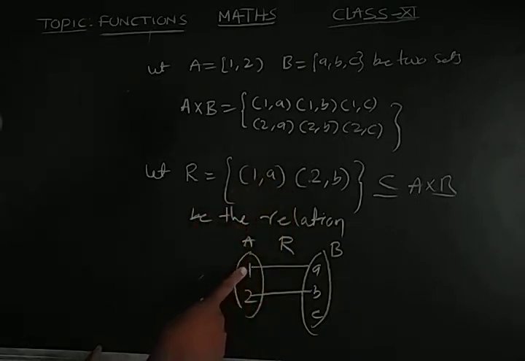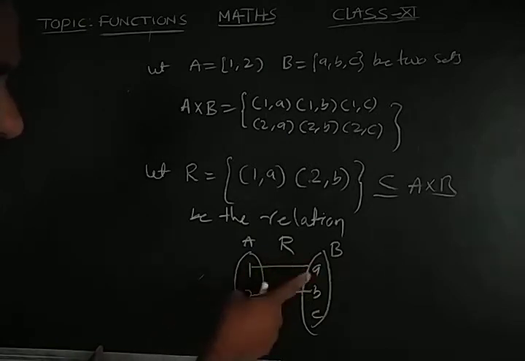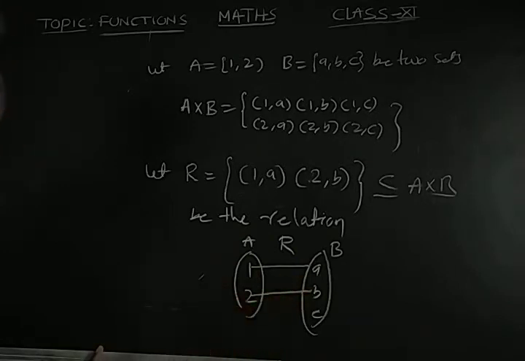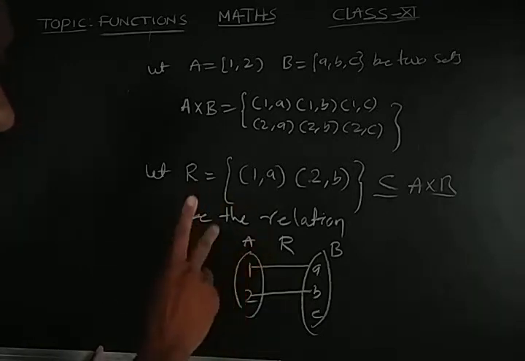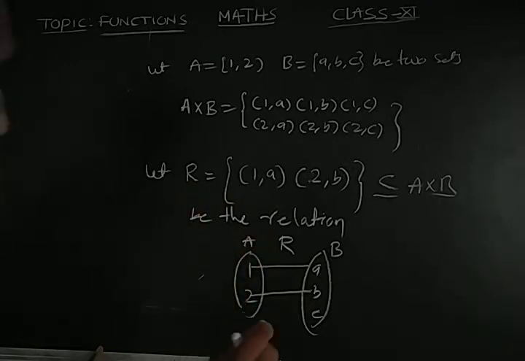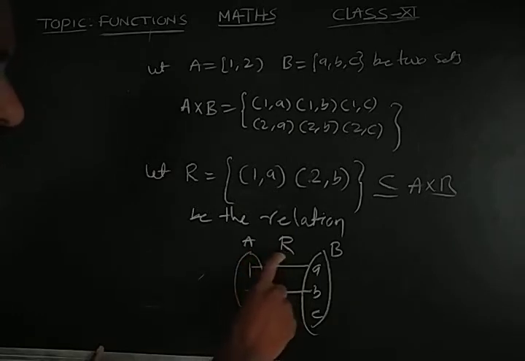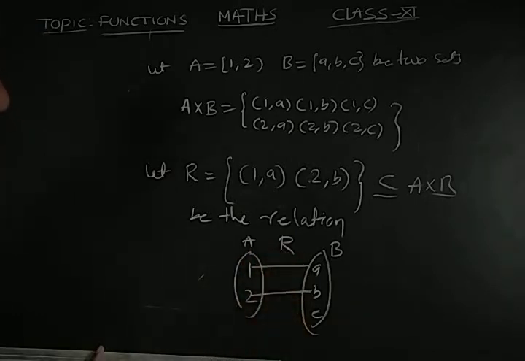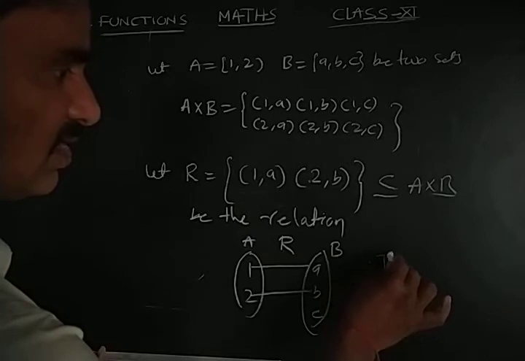What is the first condition? Every element of domain should have a unique image. 1 has only one image, not two images. 2 also has one image. So it is satisfying the conditions of a function. Therefore, this relation is a function.